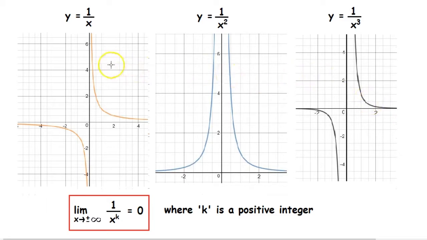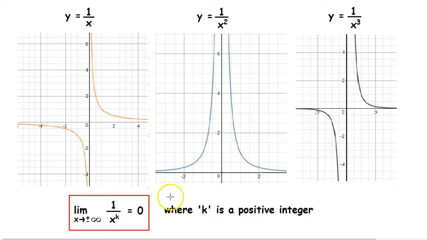Have a look at these graphs: y equals 1 over x, y equals 1 over x squared, and y equals 1 over x cubed. We can see here that the limits of these functions as x approaches infinity is equal to 0. Similarly, when x approaches negative infinity, the limit of these functions are 0.